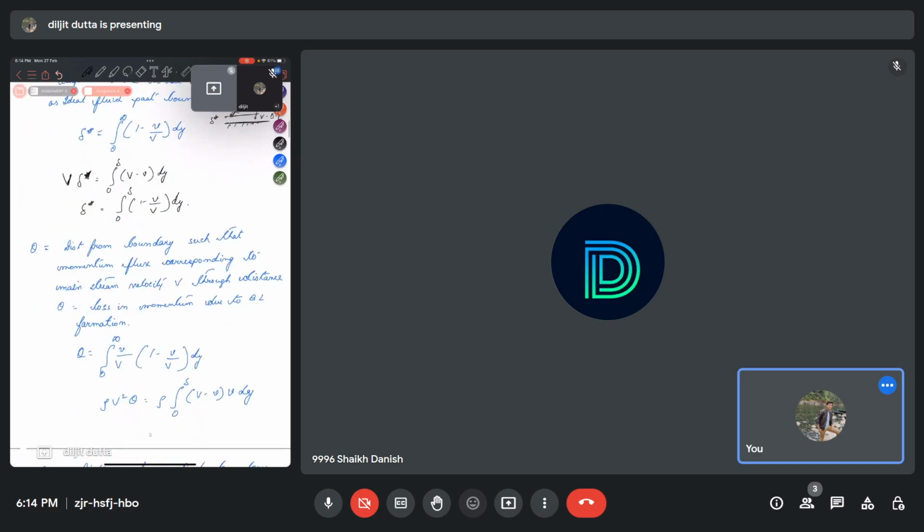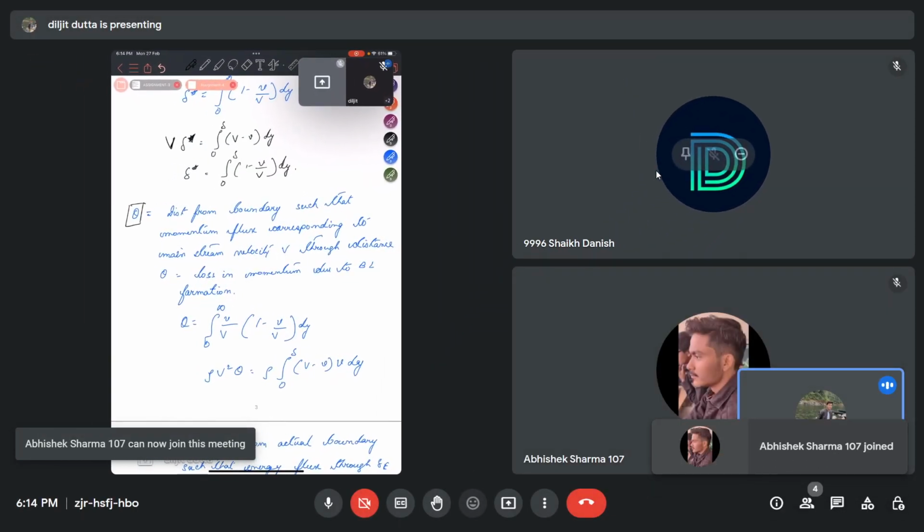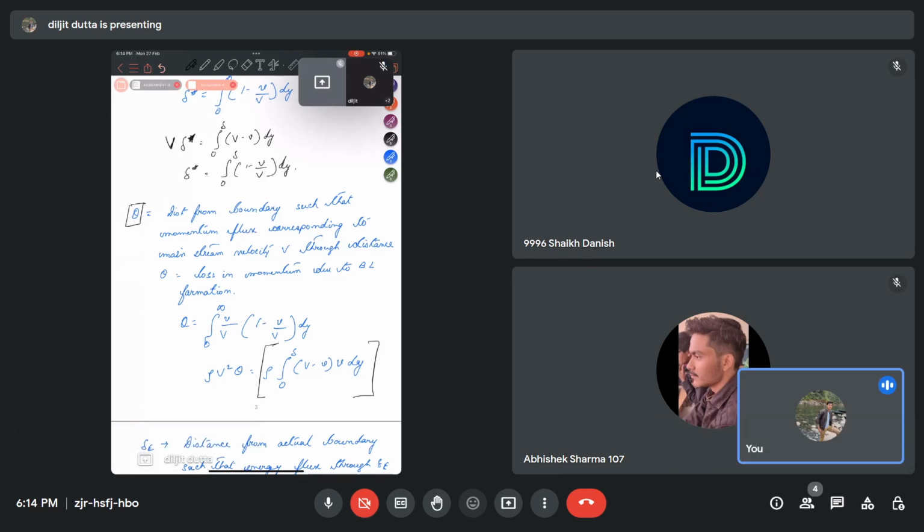Similarly, there is another definition. This is called the momentum thickness of a boundary layer, based on the definition of momentum. It is a distance from the boundary such that the momentum flux corresponding to the mainstream velocity V through the distance theta is equal to the loss in momentum due to boundary layer formation.